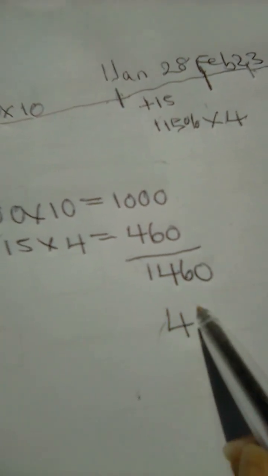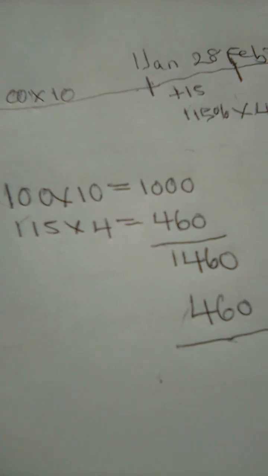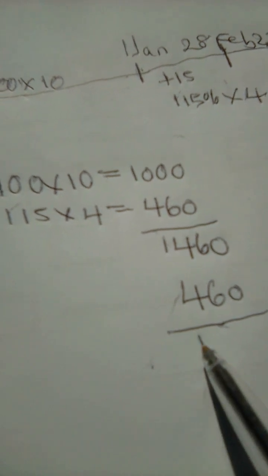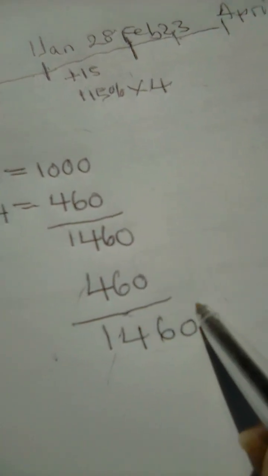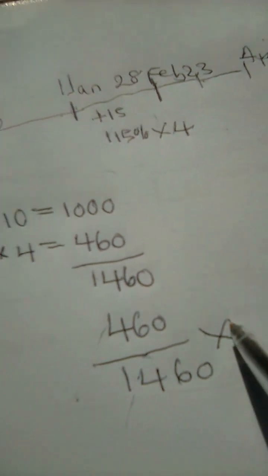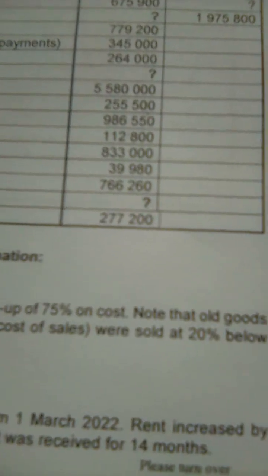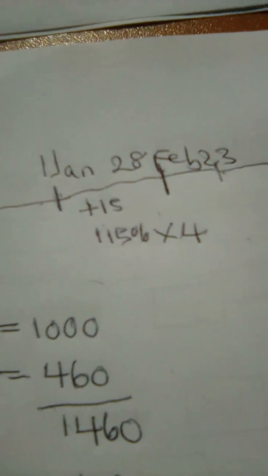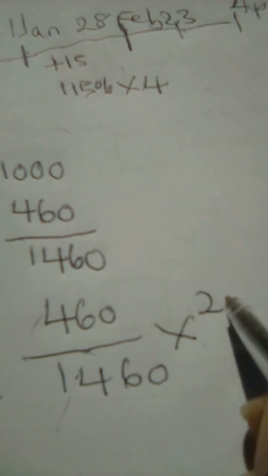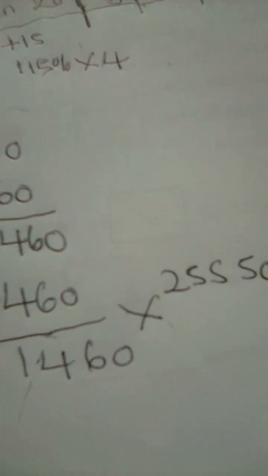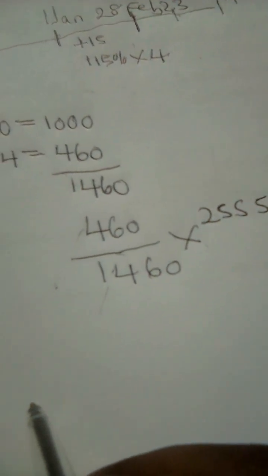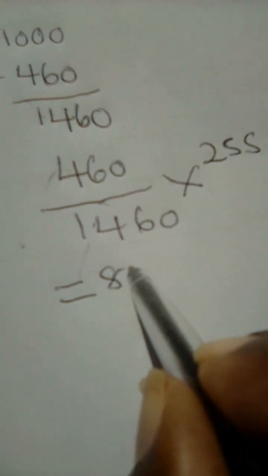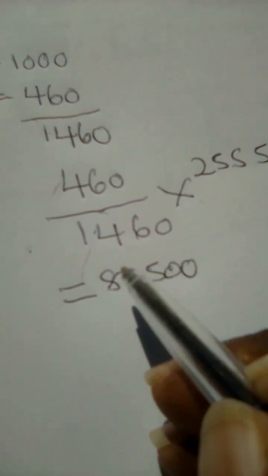So we say 460 over 1,460 multiplied by the rent income that was received, 255,500, which is going to give us an amount of 80,500.